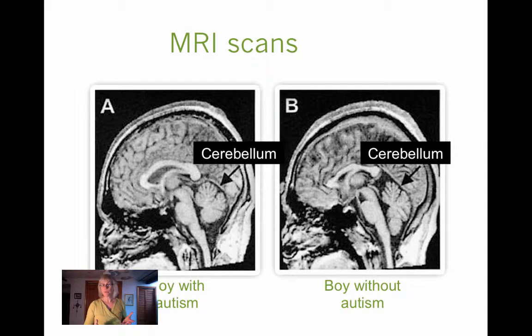In this particular case, we see a boy with autism and one without autism. The boy with autism has a smaller cerebellum, and so we are wondering whether the cerebellum seems to be involved with autism.